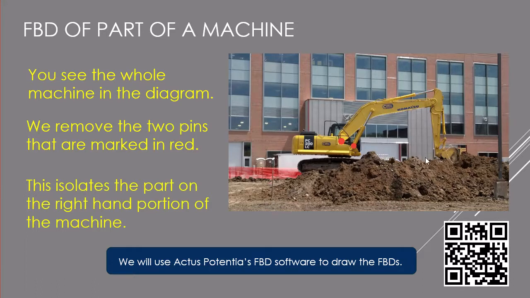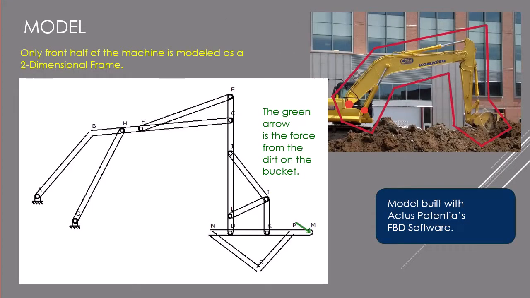We will use Actus Potentia's FBD software to draw the free body diagrams. So here is a skeletal diagram of the front portion. Here is the pin at A that we removed, and here is the other pin, and we have a hydraulic cylinder here, another hydraulic cylinder here, and another hydraulic cylinder here.